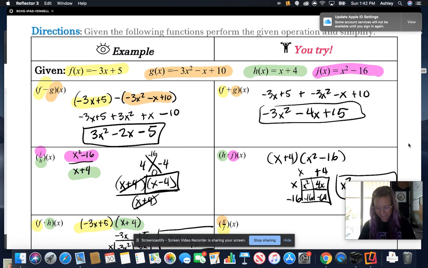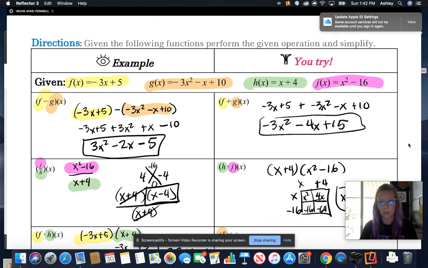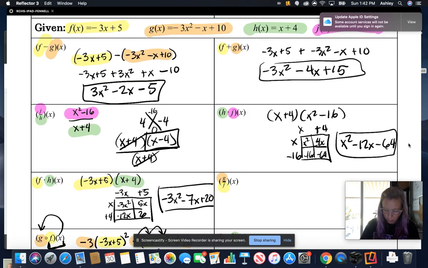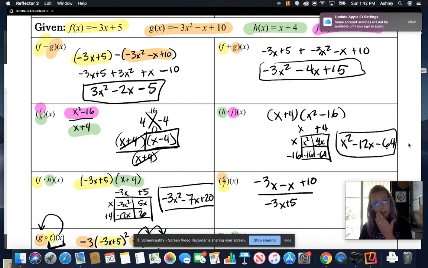All right, hopefully you're doing okay. G divided by f of x, so we're looking for our g of x function, which is negative 3x squared minus x plus 10. And we're going to divide by our f of x function, negative 3x plus 5. Okay, remember you want to try and factor this because so far you couldn't simplify. There are no common terms shared by every single term here. So we need to see if we can factor our quadratic.